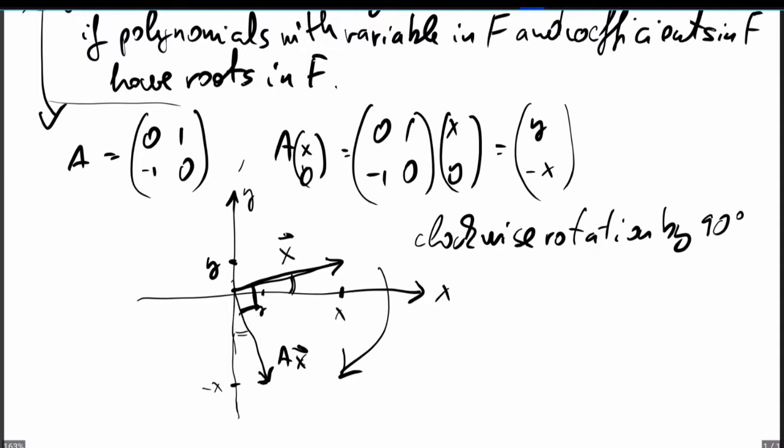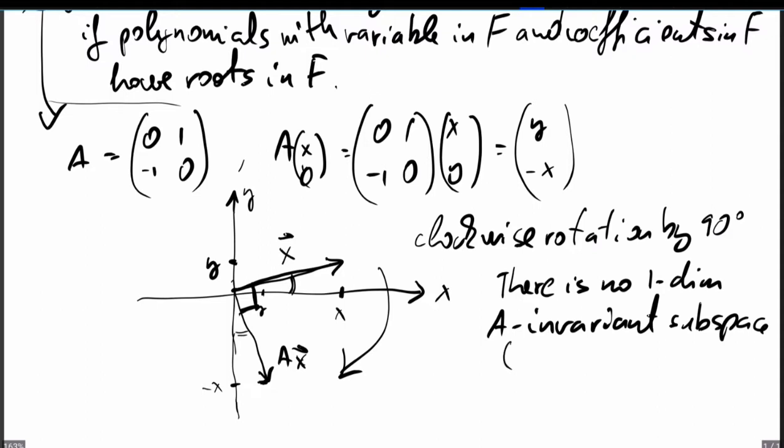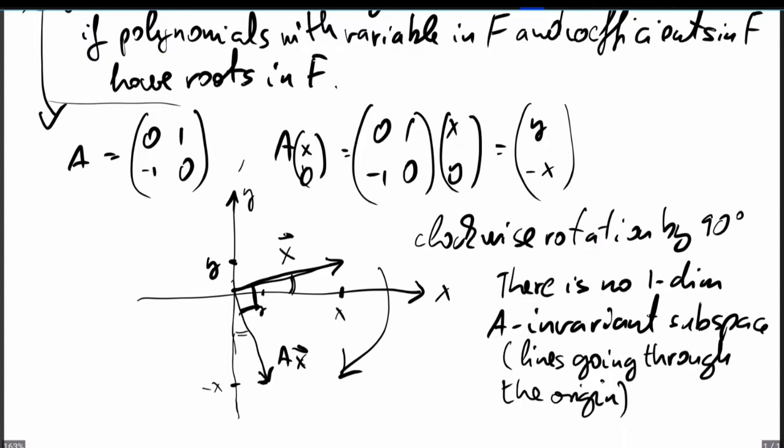So it is easy to see visually why there is no one-dimensional A-invariant subspace. That would be a line going through the origin, but none of them stay A-invariant, none of them stay unaffected by the rotation. When you rotate a line, it gets rotated. No line stays invariant. So this is an example where there is no A-invariant subspace for a transformation in R2.